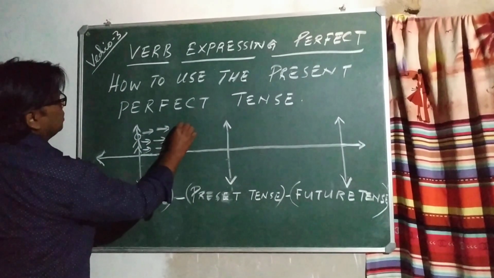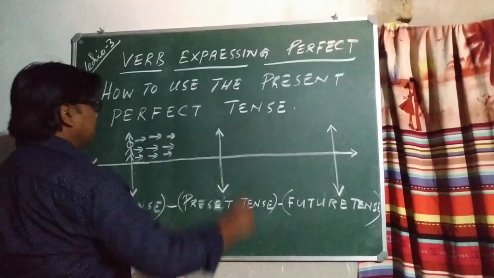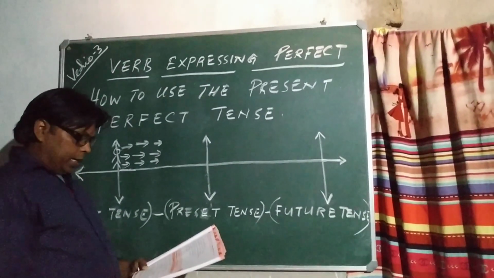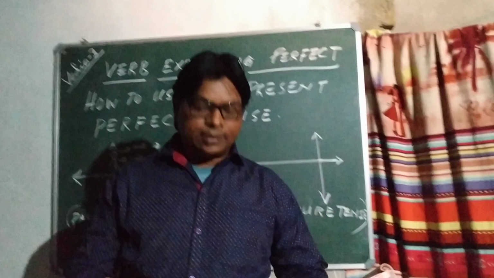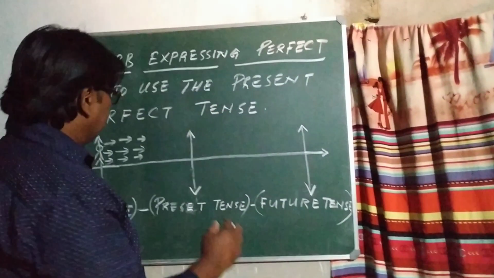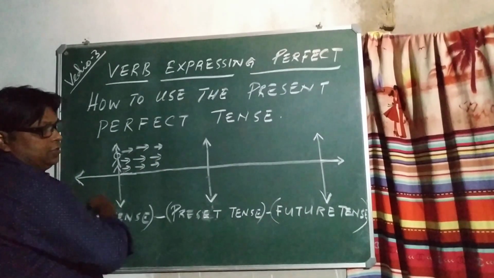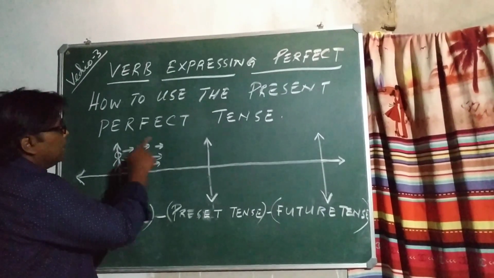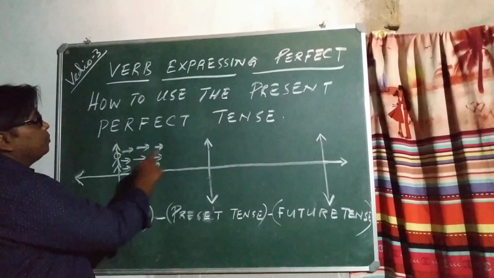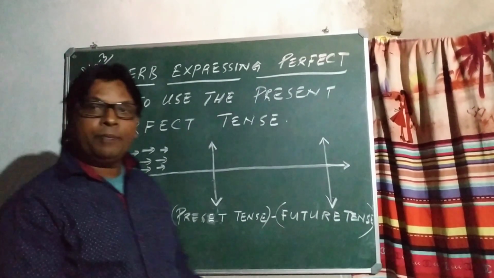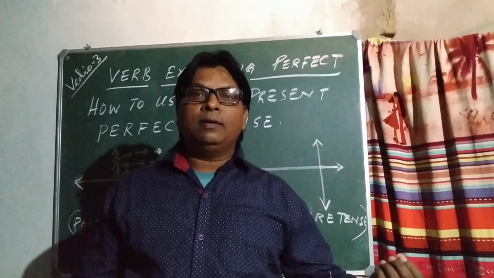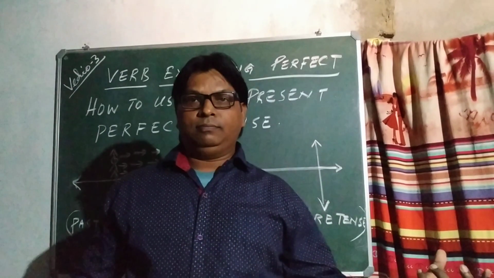What does it mean? The action that is repeated means, for example, I have played tennis since childhood. That means from childhood onwards he has been playing tennis. That's why his action is being repeated. I have been teaching since my study level.